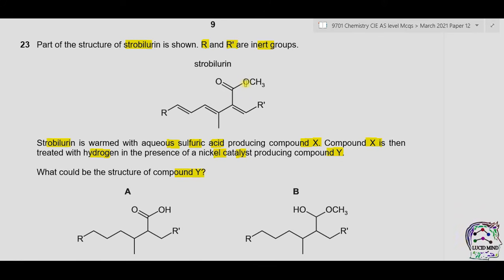In the given structure, we have an ester functional group present. We also have alkene functional groups present. Now aqueous sulfuric acid causes acid hydrolysis of esters, and after hydrolysis, a carboxylic acid and an alcohol are formed.